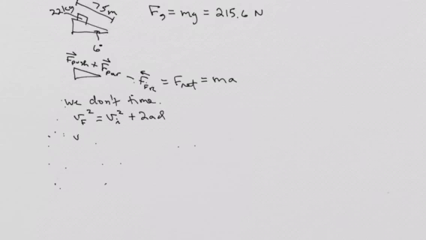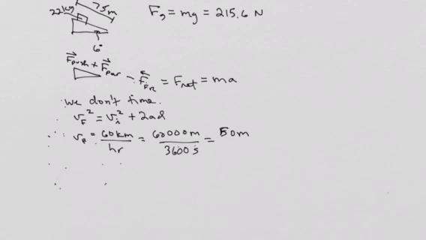Well, we know the final velocity needs to be 60 kilometers per hour, and that's equal to 60,000 meters over 3,600 seconds. That comes down to 50 meters every 3 seconds, just reducing that fraction. The initial velocity is 0.